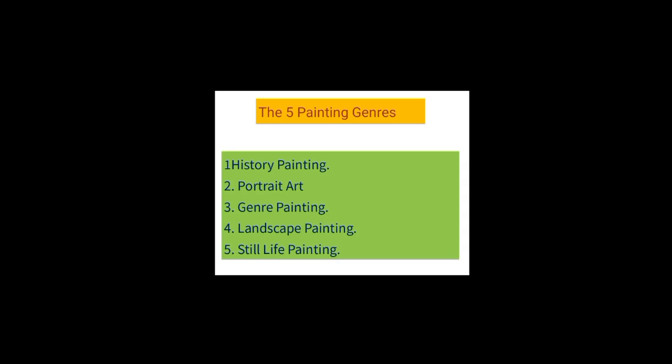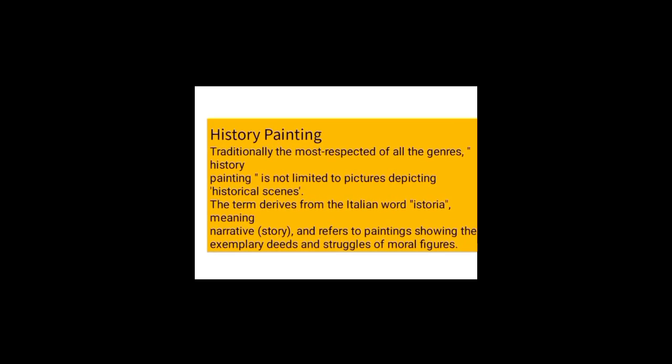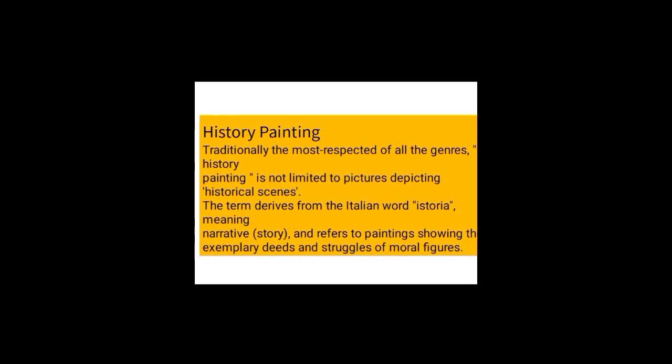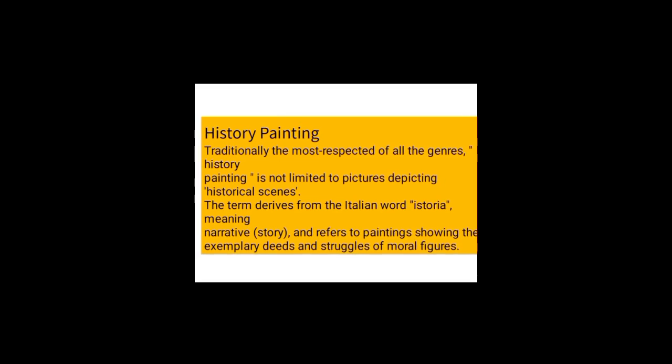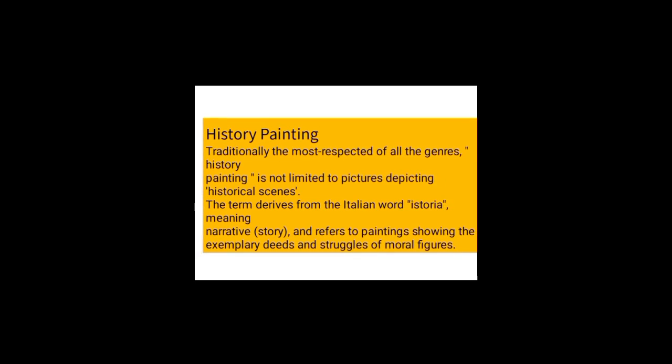So these are the 5 painting genres. The number 1 is history painting. The number 2 is portrait art. The number 3 is genre painting. The number 4 is landscape painting. The number 5 is still life painting. History painting is traditionally the most respected of all the genres.